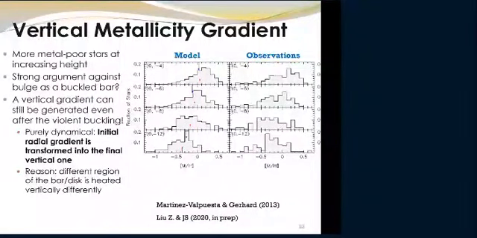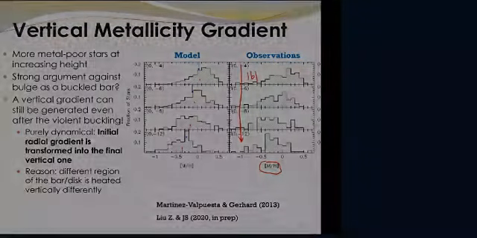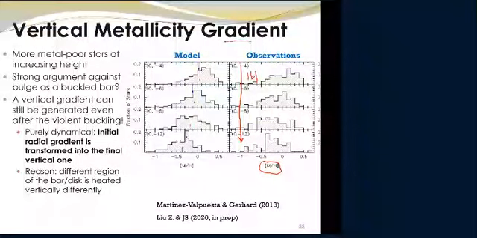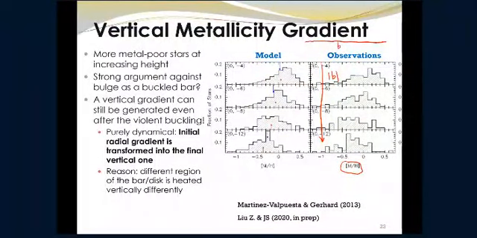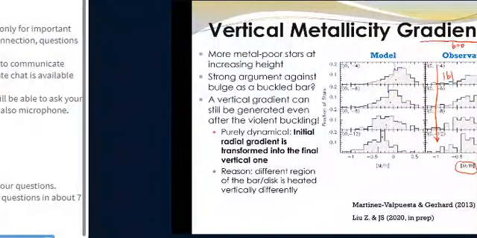So this is the observation: metallicity as a function of galactic latitude. Here b is increasing, and the galactic midplane is here, b equals 0. As you go away from the midplane, you see more and more of this trend.